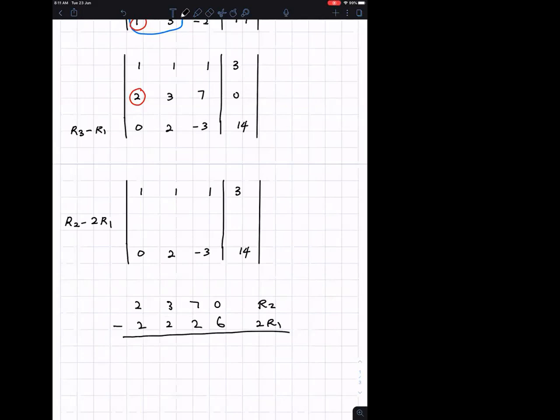When these two become the same, you can make them go to 0 by subtracting one from the other. When you say row 2 minus 2 row 1, the change is going to happen to row 2. You don't make the change to row 1. So you guys have to be very careful in doing this.